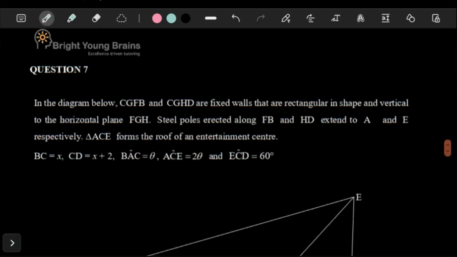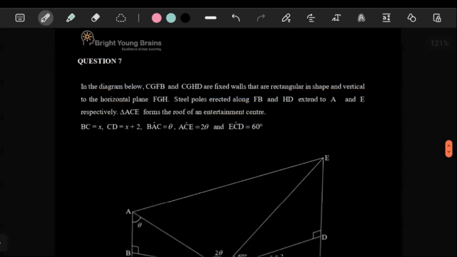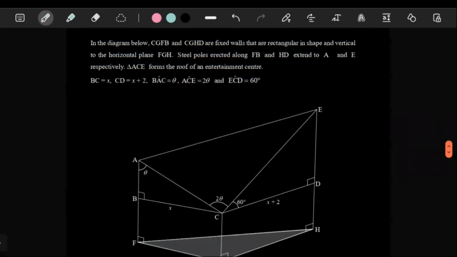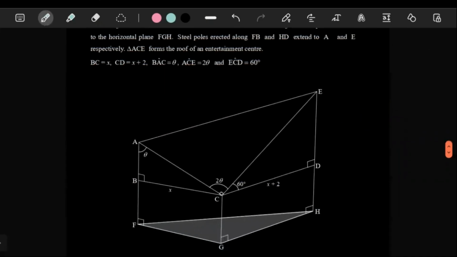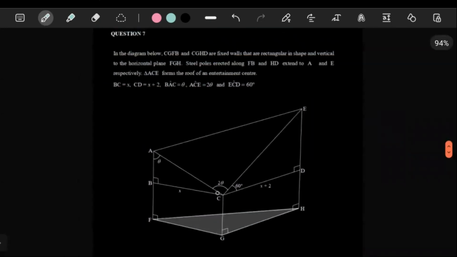Question number 7. In the diagram below, CGFB and CGHD are fixed walls that are rectangular in shape, and they are vertical to the horizontal plane.